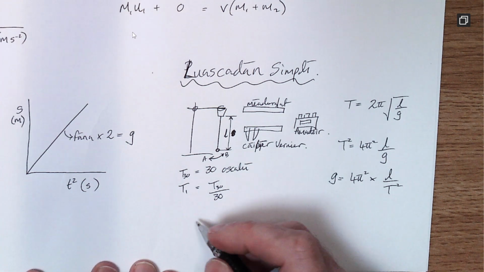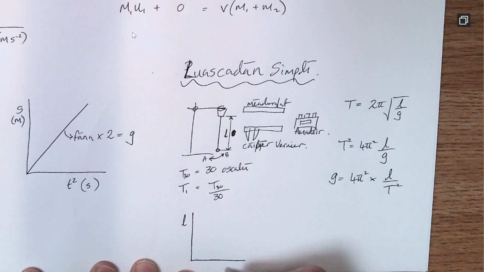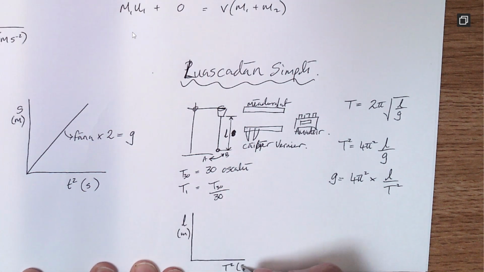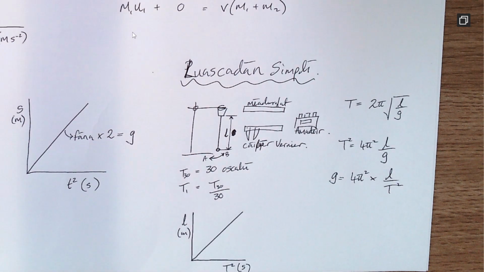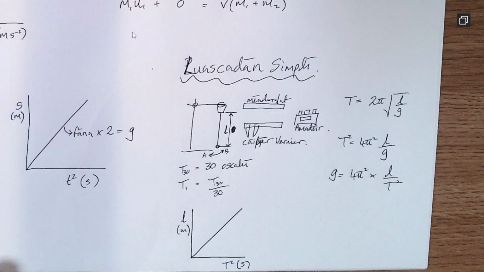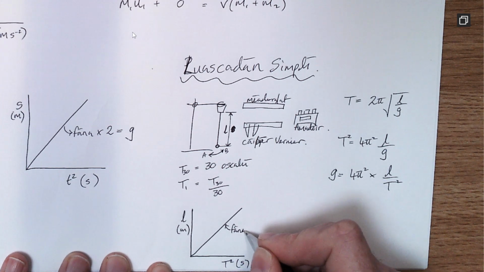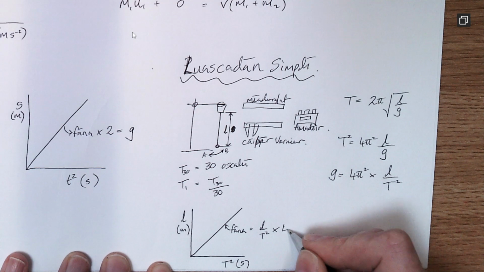So we graph L in meters against T squared in seconds squared. It's a straight line through the origin. The gradient is L over T squared, equal to g over 4 pi squared.